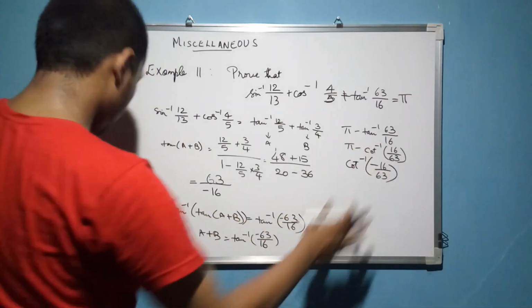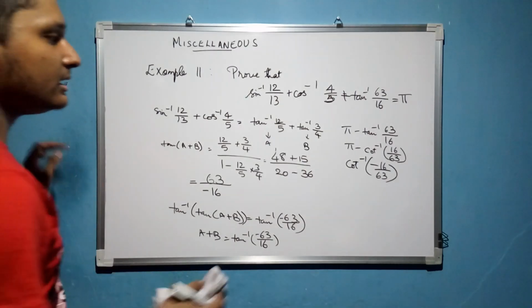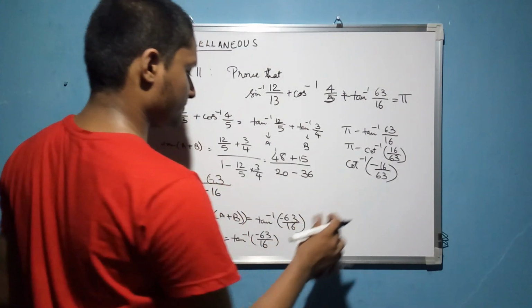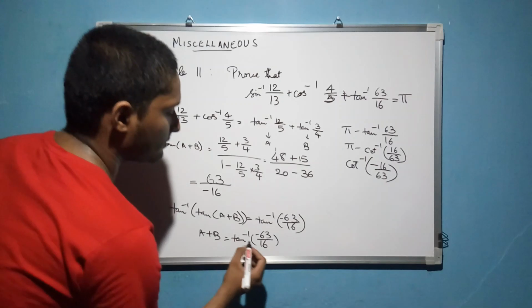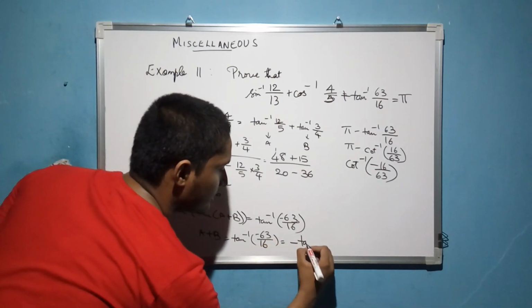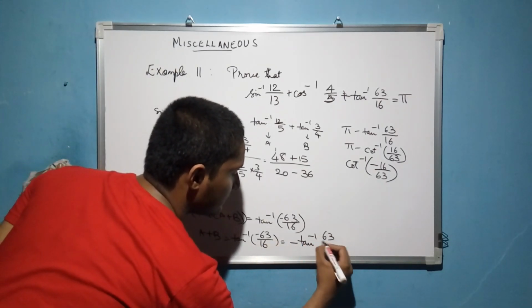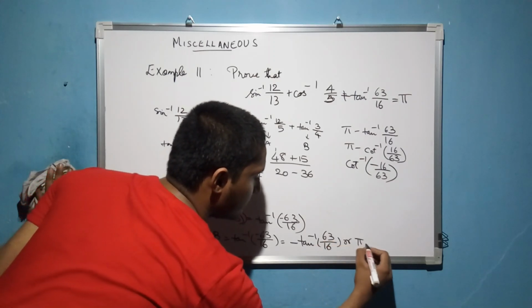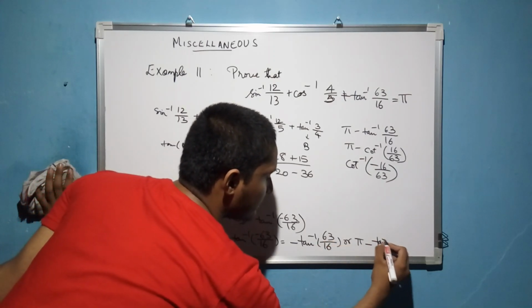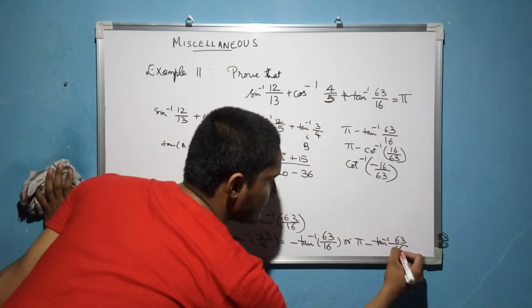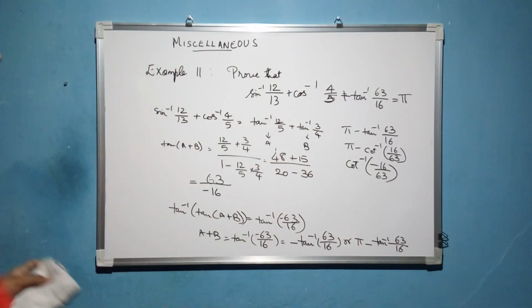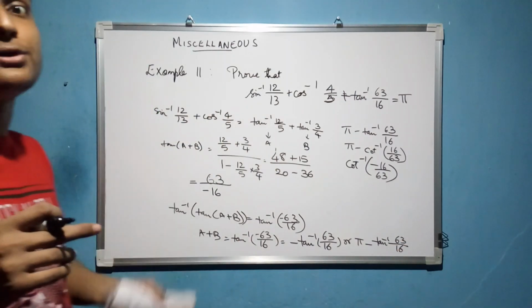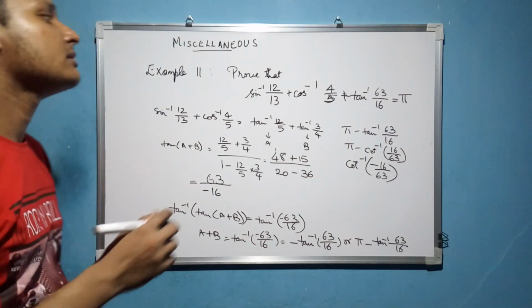Or instead of making these things, let me leave it like this itself. So this is equal to minus tan inverse 63 divided by 16, or pi minus tan inverse 63 divided by 16. Because it is not always the case, tan is going to repeat again and again by pi.